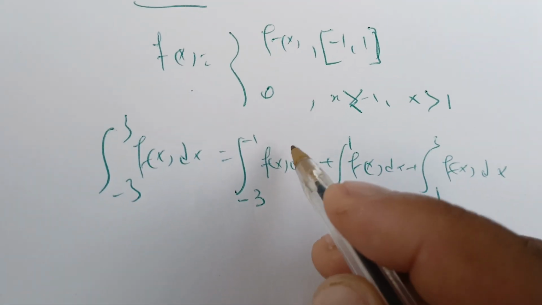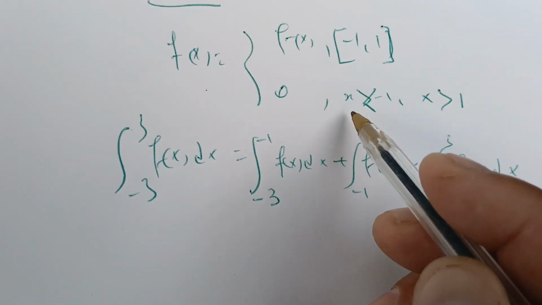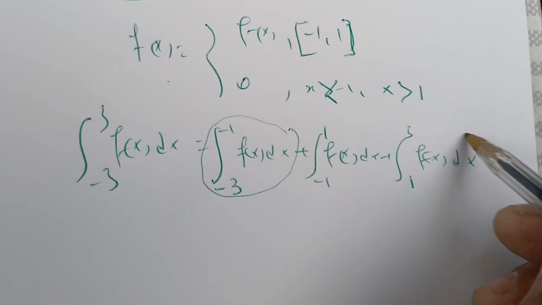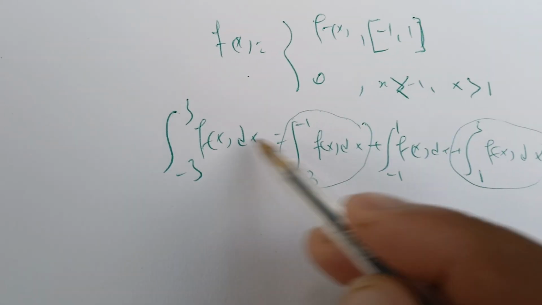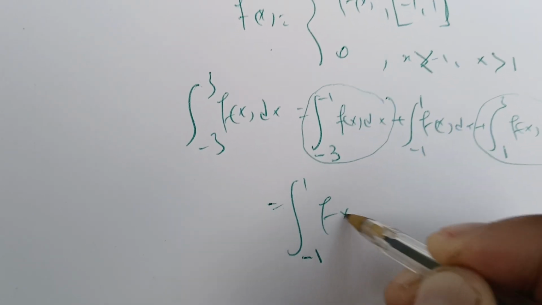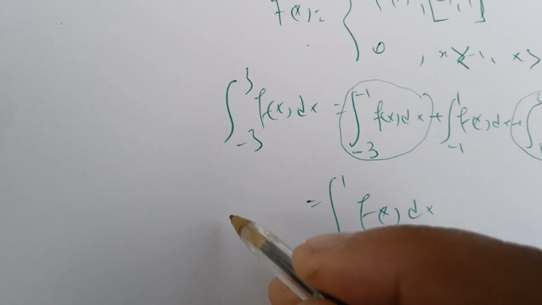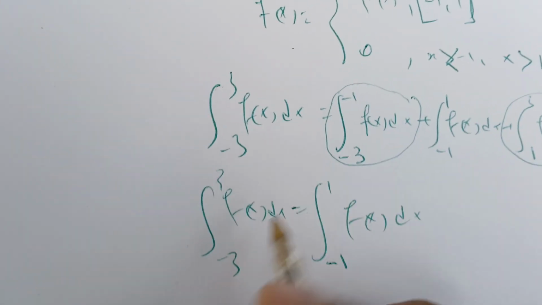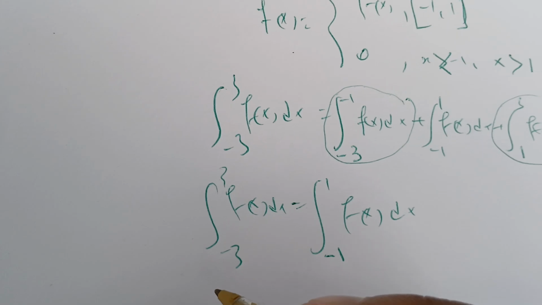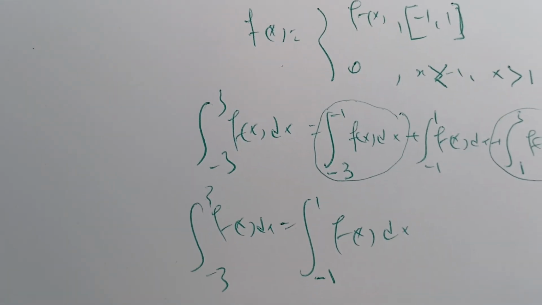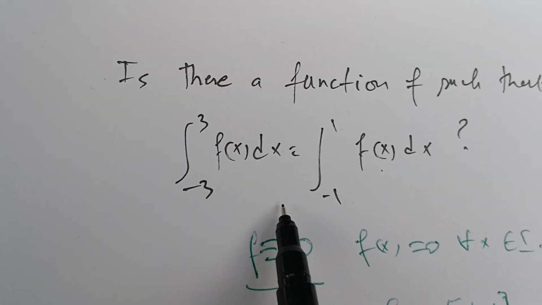Here I know that I'm in the condition where x is outside of [-1, 1], so this is 0 and this one is 0, and therefore this integral is equal to the integral between -1 and 1, and this solves the question. So I found at least two functions that would help me answer this question.